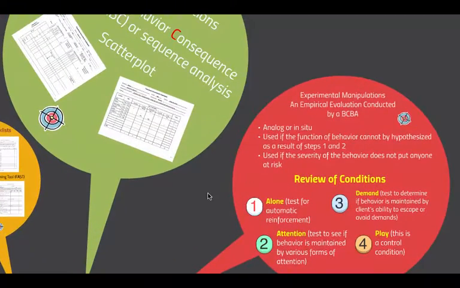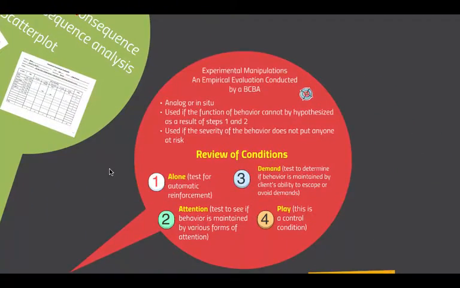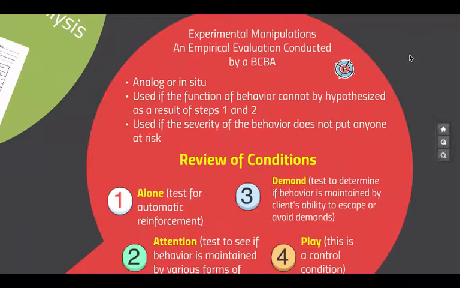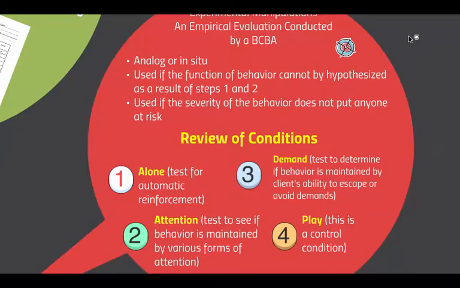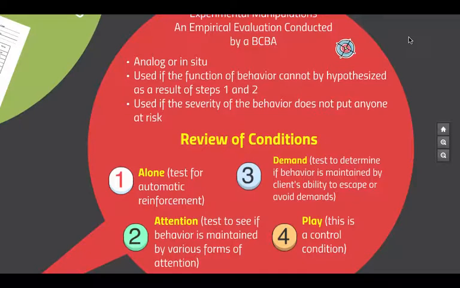Now, the final form of assessment is an actual analysis. And this is what's referred to as an experimental analysis of behavior. And this is done in an analog situation, a simulated situation, or in situ, meaning in the actual environment. The experimental manipulations of a functional analysis occur if the function of a behavior cannot be hypothesized as a result of the indirect assessment or the direct observation, and it's also used if the severity of the behavior does not put anyone at risk.